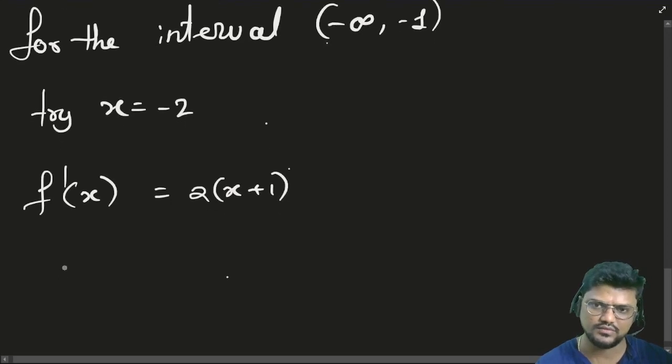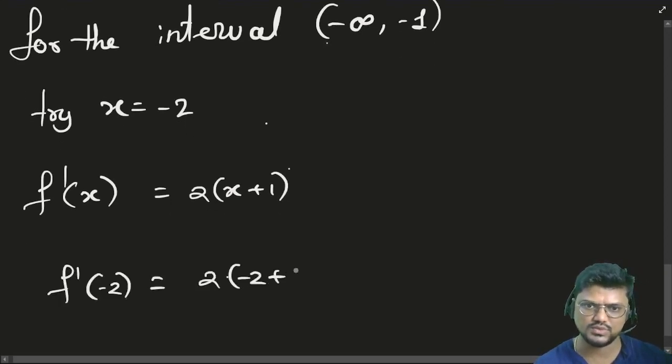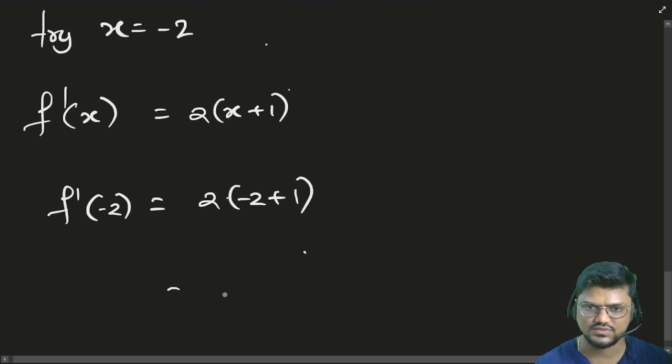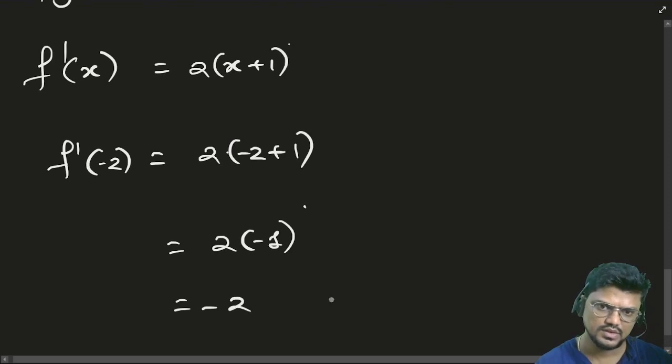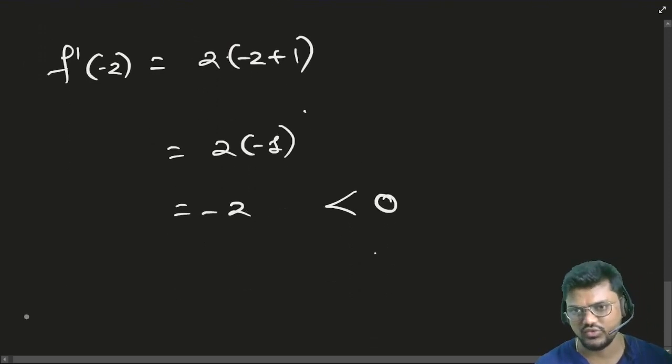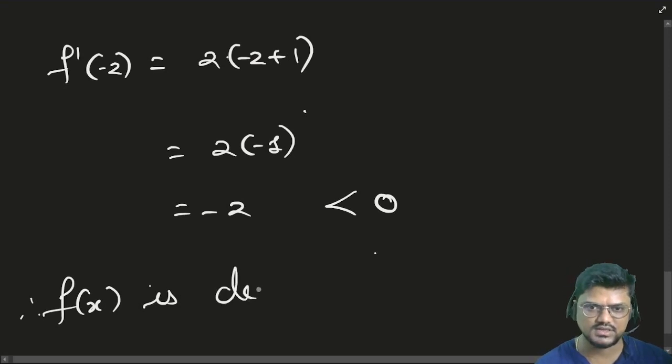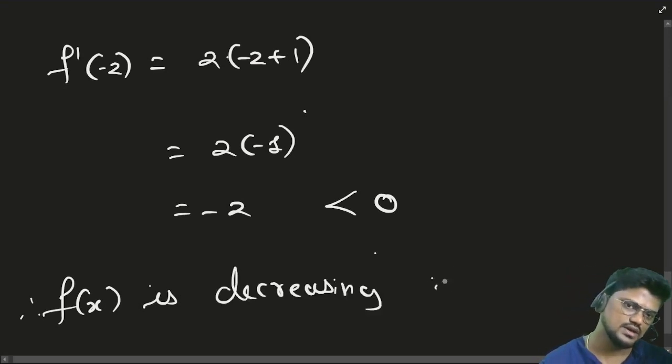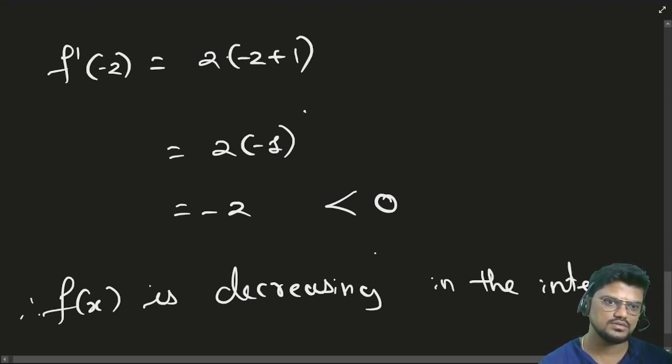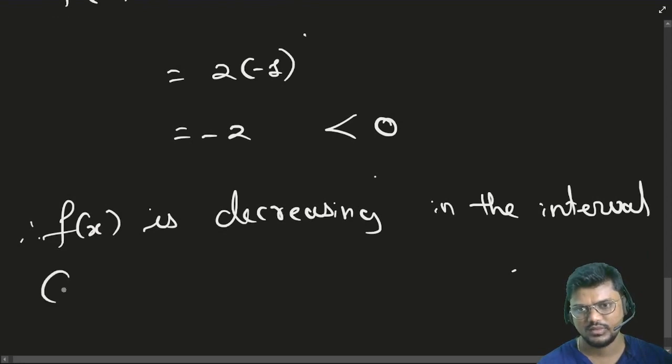Then f dash of minus 2 is 2 into minus 2 plus 1, which gives you 2 into minus 1, which is minus 2, which is less than 0. Therefore, f of x is decreasing in the interval minus infinity to minus 1.